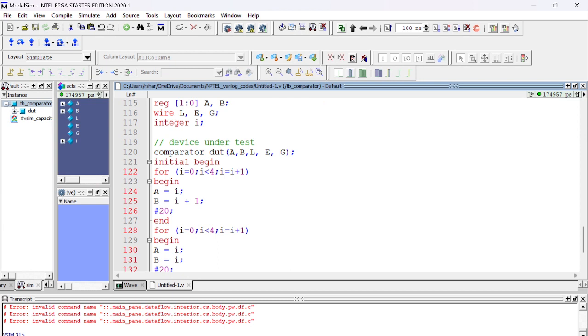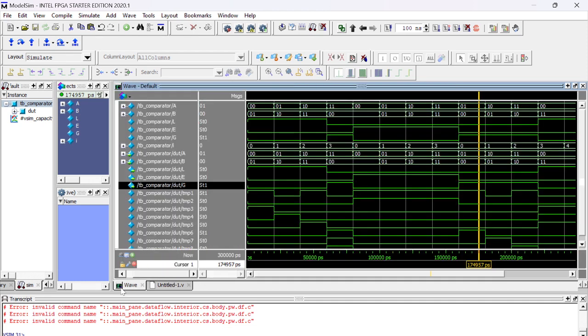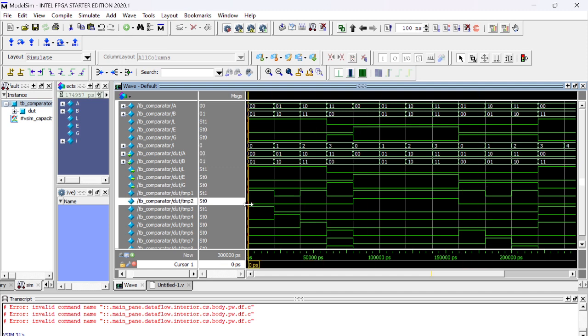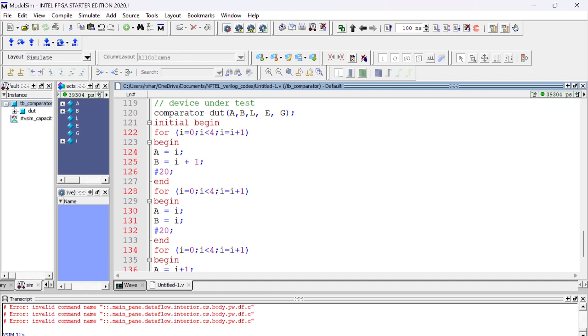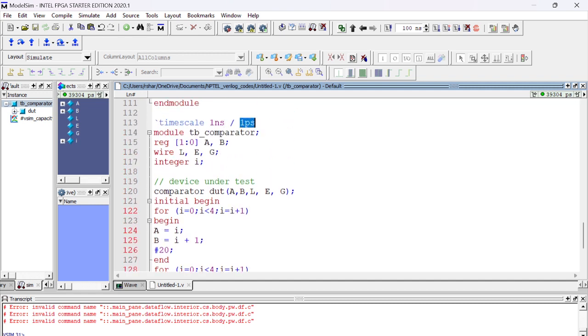So it is after 20 nanosecond, after 40 nanosecond. So you can see in the execution, this is 0 after 20 nanosecond, again after 40 nanosecond, and then the precision is 1 picosecond, I think so. Yes, it's 1 picosecond. So every 1 picosecond it can detect.